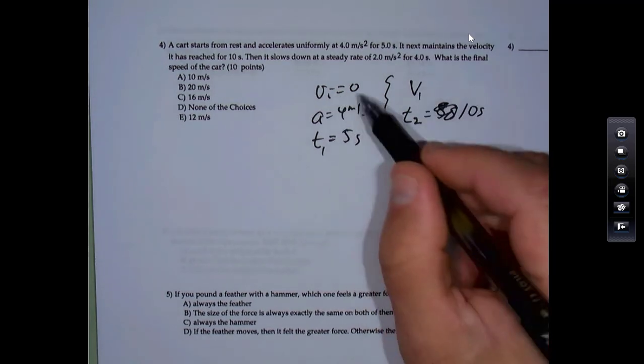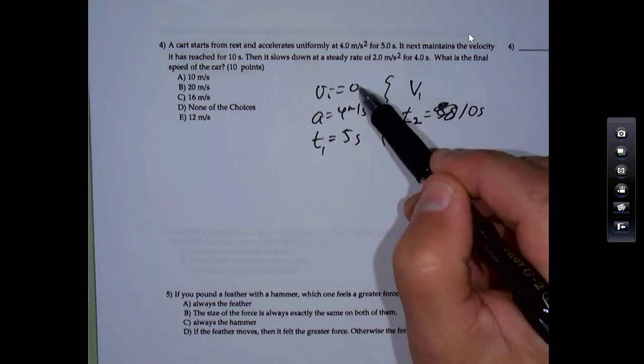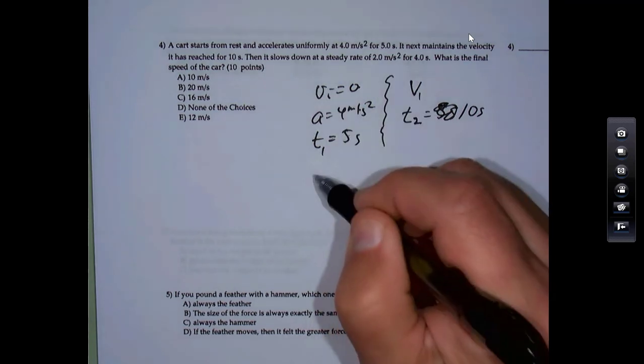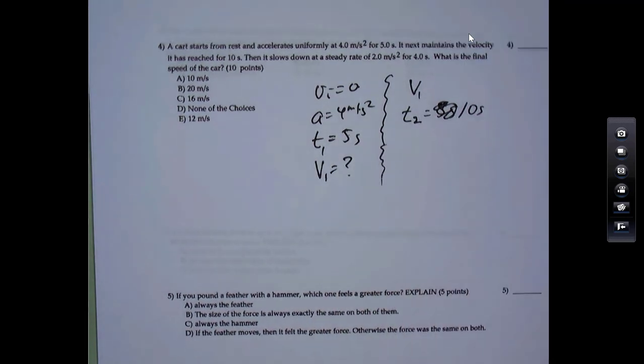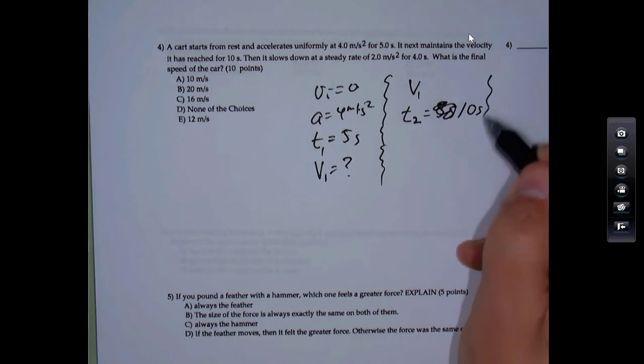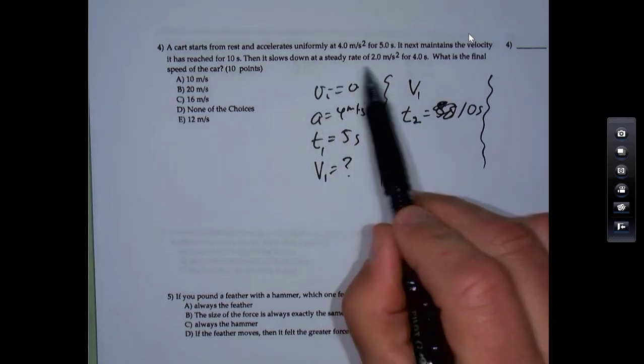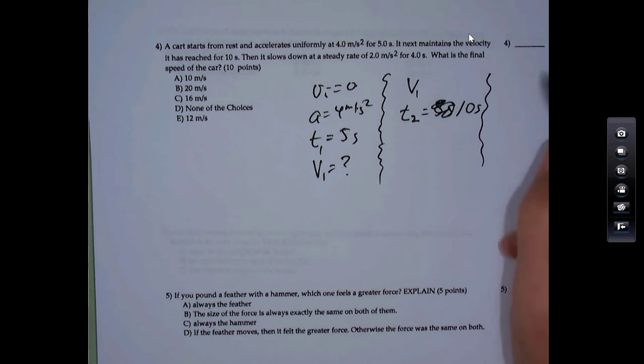So whatever velocity we reach here, you start at rest, accelerate for 5 seconds, you reach some V1. Now you keep that V1 for 10 seconds. Then you slow down at a steady rate for 4 seconds. Okay, so why don't I call this acceleration 3 or something? So minus 2 meters per second squared because we're slowing down.